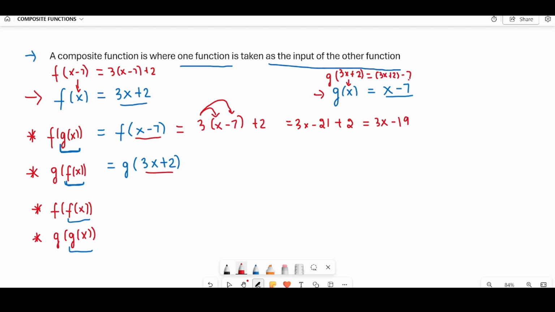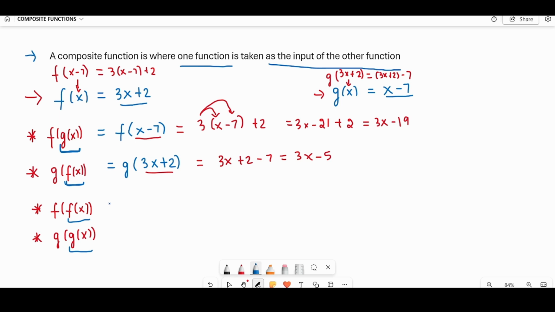You can see we have just replaced x with 3x plus 2. So let's see what we will get. So g of 3x plus 2 will be equal to 3x plus 2 minus 7, that is equal to 3x minus 5.